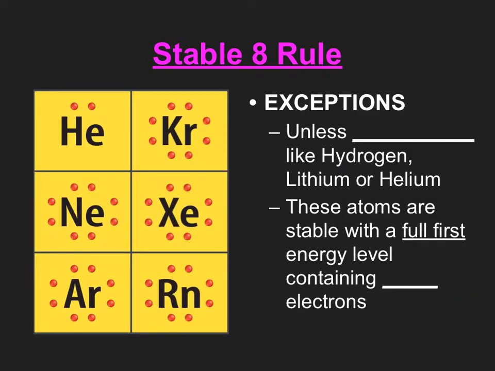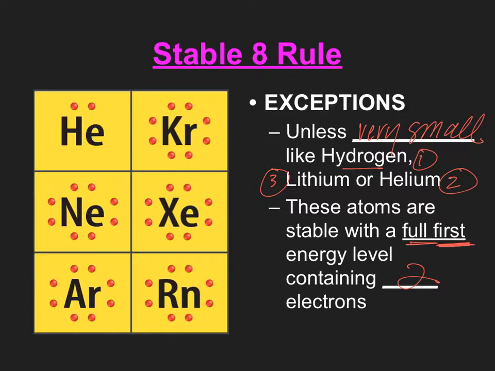So per usual, there are a couple exceptions. The elements that are really small. So elements like hydrogen, which is 1, helium, which is 2, and lithium, which is 3, those elements are full with their first shell being full with only 2 electrons.